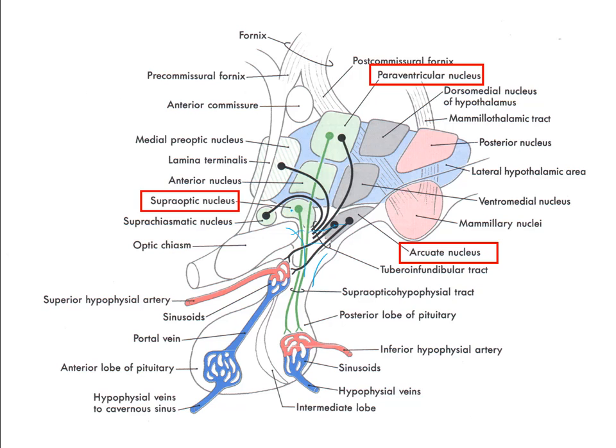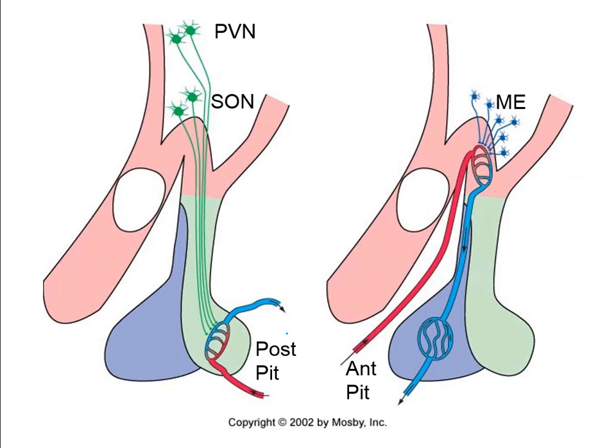Whereas the nuclei, such as this supraoptic nucleus, but also paraventricular, and this would be the magnocellular portion of the paraventricular, project their axons down. They don't synapse on a neuron, they synapse on a vascular bed. So, neurons down and in, neurons to the first capillary, to the long hypophyseals, and out to the next capillary bed.